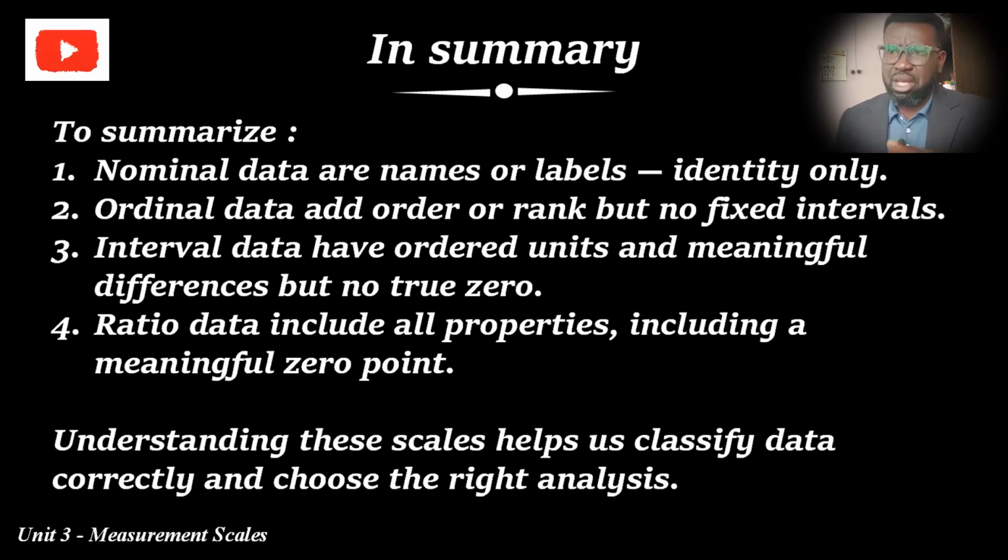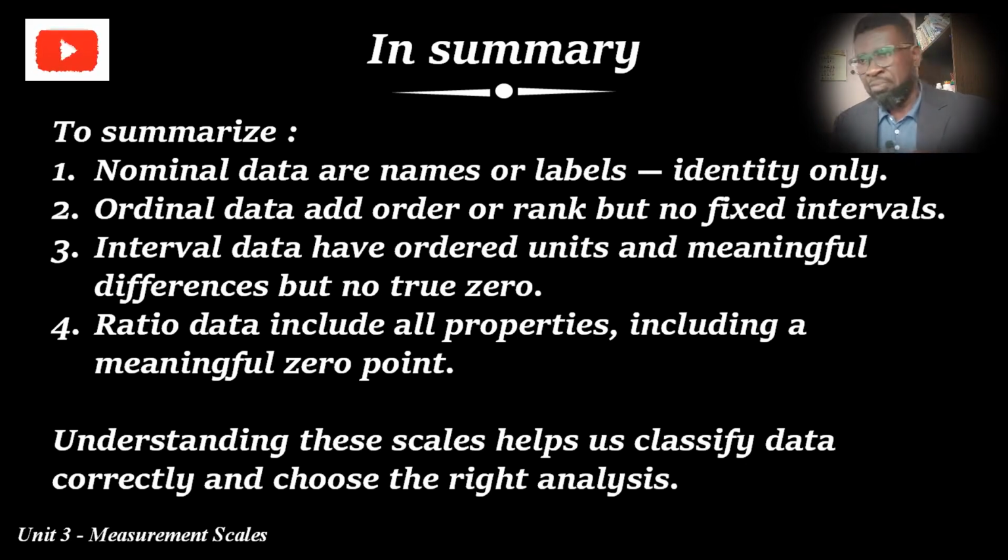All right, today, what have we really talked about? We've talked about nominal data, ordinal data, interval data, and ratio data. Nominal data, we have said, are names or labels, purely for identification only. Ordinal data add order or rank, but no fixed interval.